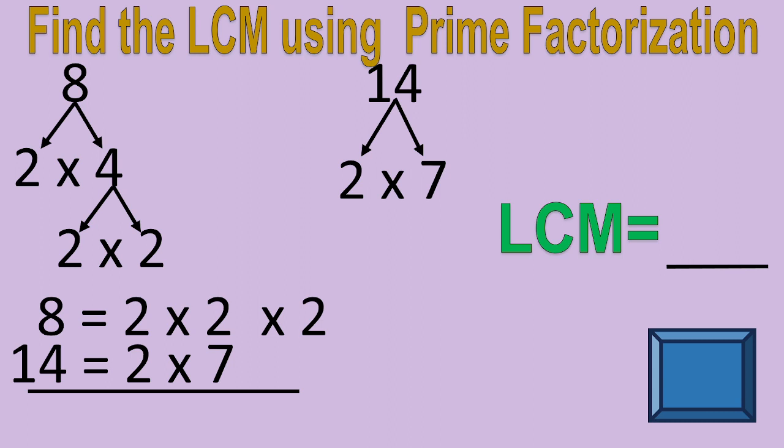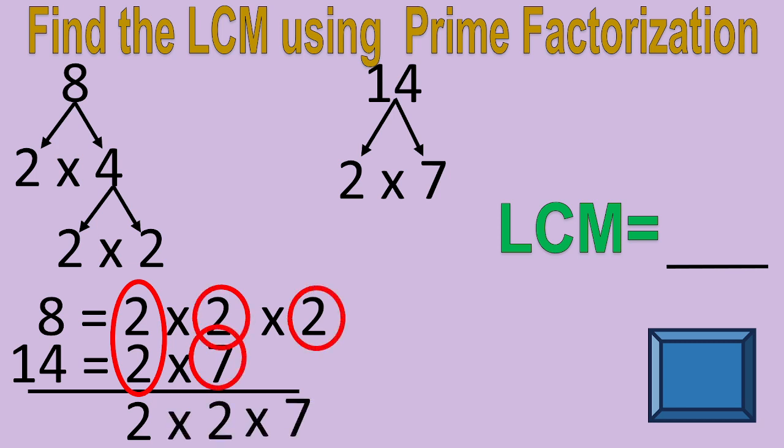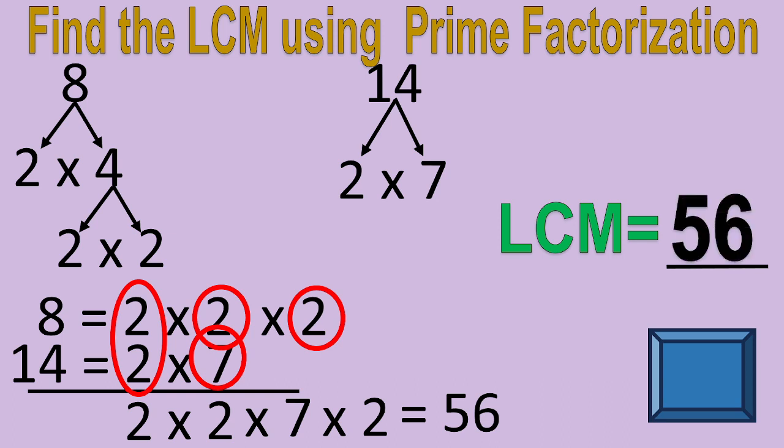The prime factorization of 14 is 2 times 7. The common prime factor of 8 and 14 is 2. The uncommon prime factors are 2, 7, and 2. Now, let us solve. 2 times 2 times 7 times 2 is equal to 56. The LCM is 56.